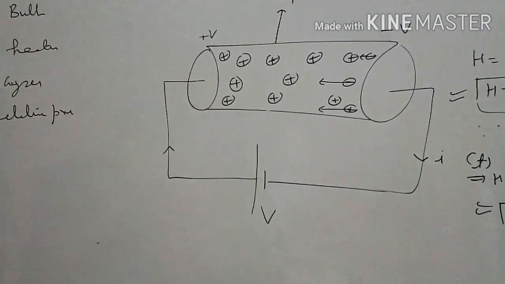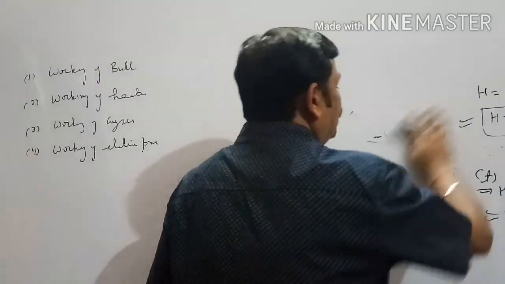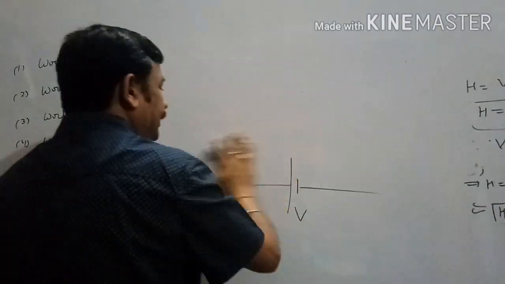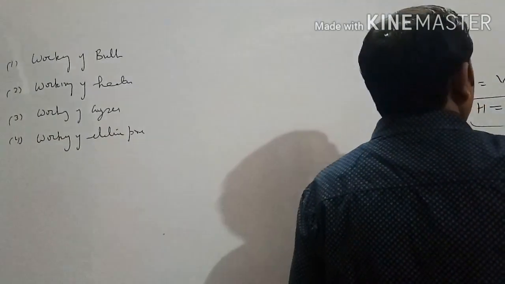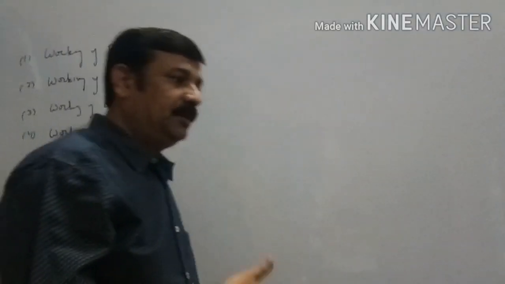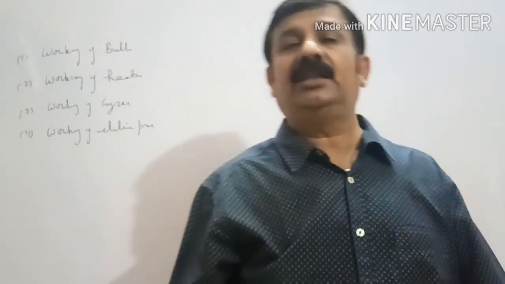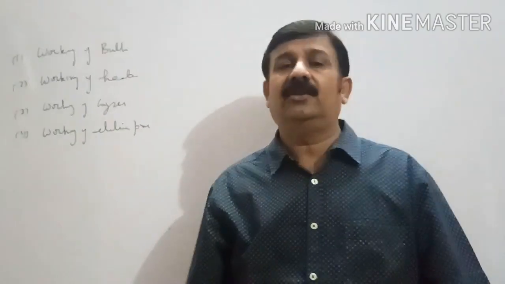Next is power. Energy produced per unit time or energy consumed per unit time is called power. Why are we saying energy produced per unit time or energy consumed per unit time? Because energy can neither be created nor be destroyed.